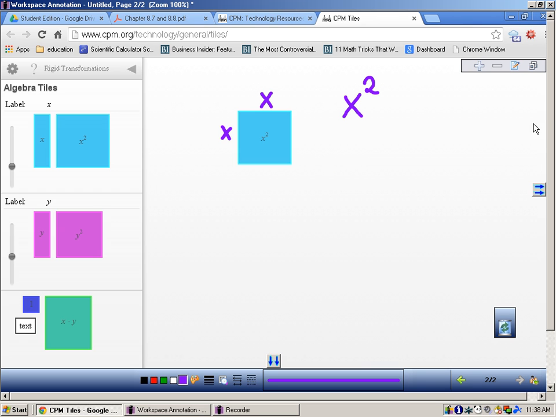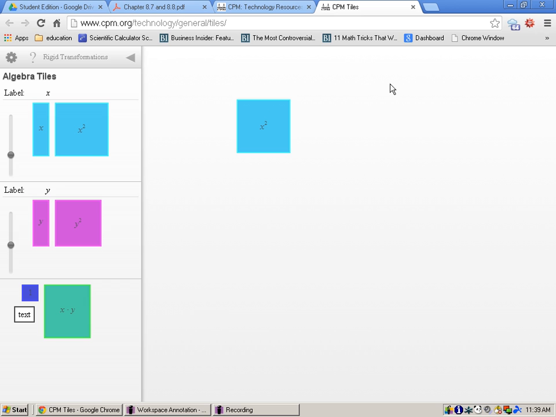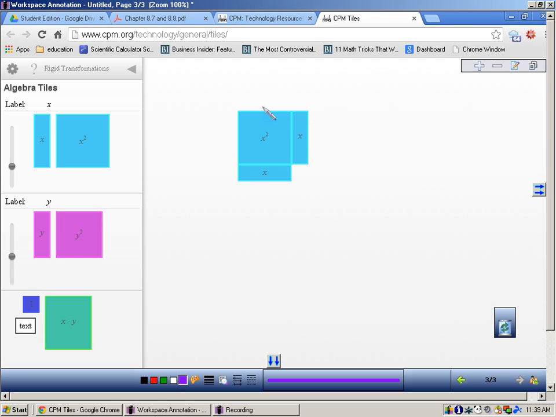Let's make it a little more complicated. Let's add some x terms. I'm going to take this shape, and now I'm going to take an x term and place it there. And so I have two of these x's. What this would represent, again, is something a little different.